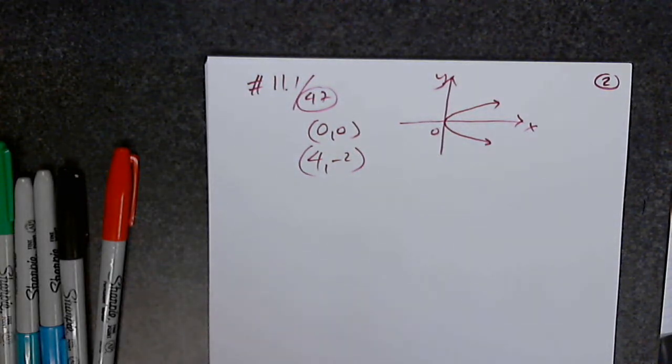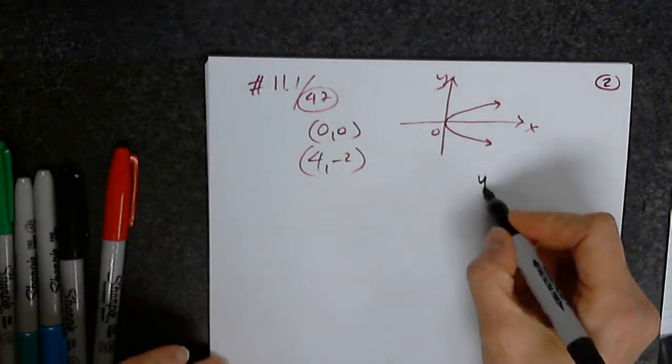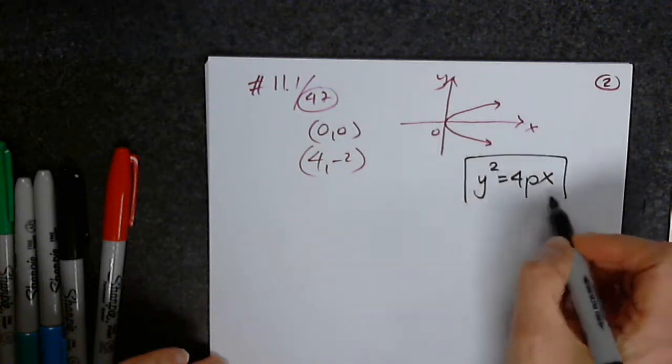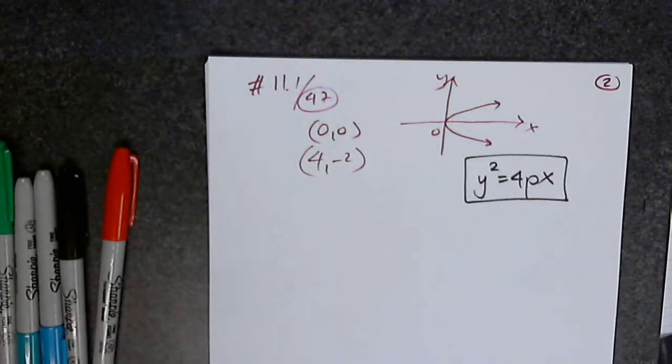A parabola of this type, is it a function or not? It's not a function. So it should look like this: y squared equals 4px.